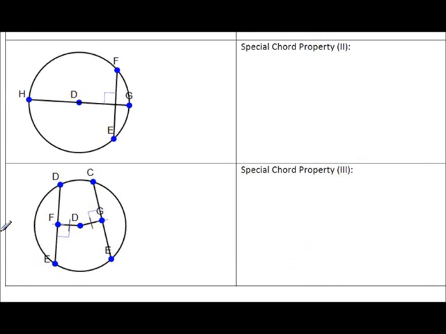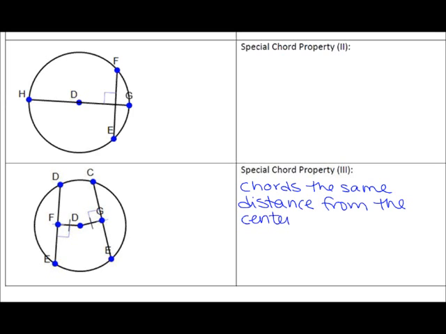Here we have a picture with chords that have equal distance from the center. That's also true. So this is an if and only if statement. So let's write down that property. If chords are equidistant from the center point, then the chords are congruent. So chords the same distance from the center are congruent.